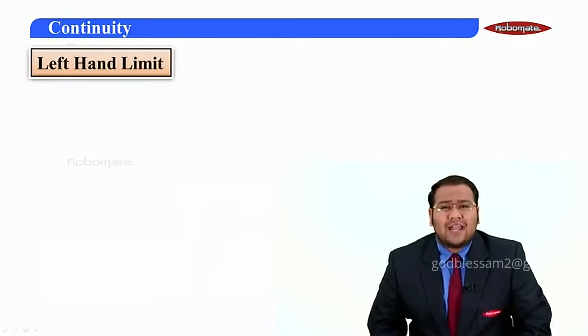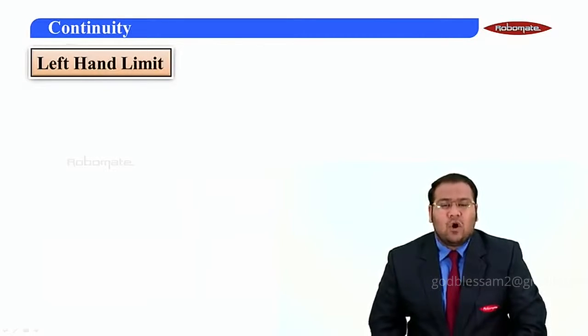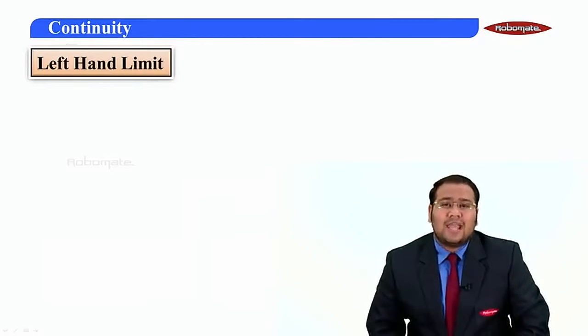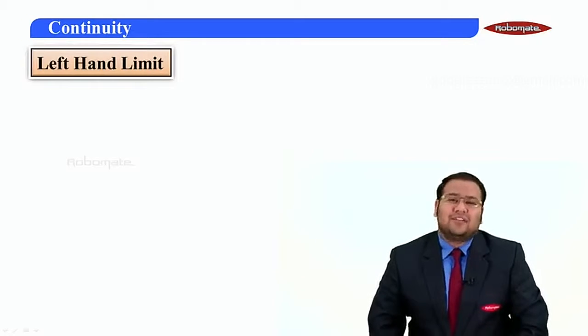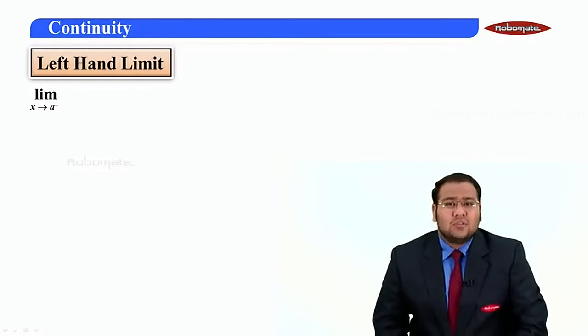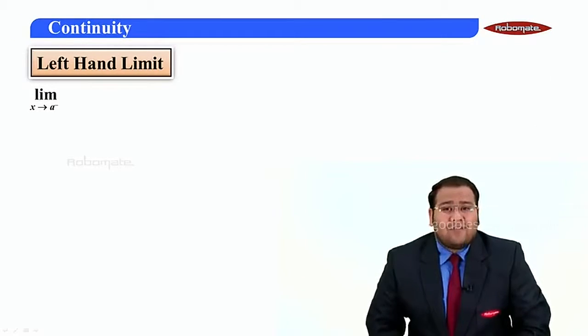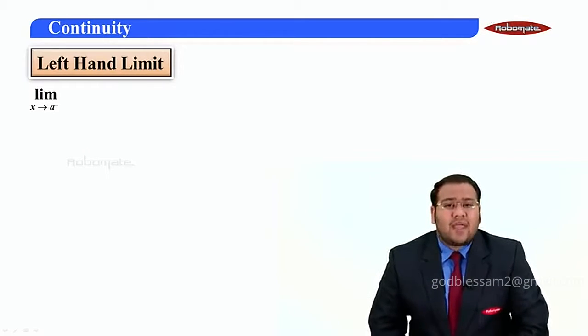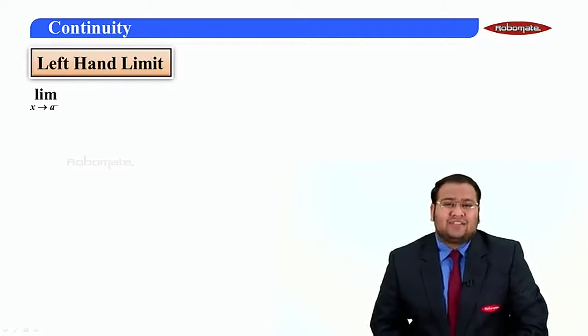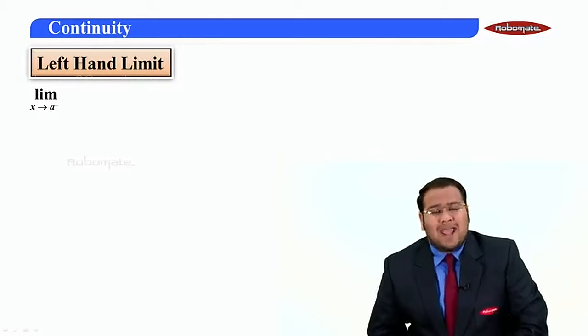Moving ahead. What do we mean by left hand limit? We already know that anything on our left side is called the left hand limit. So, if you have a point a and the values on its left hand side, it is a minus.